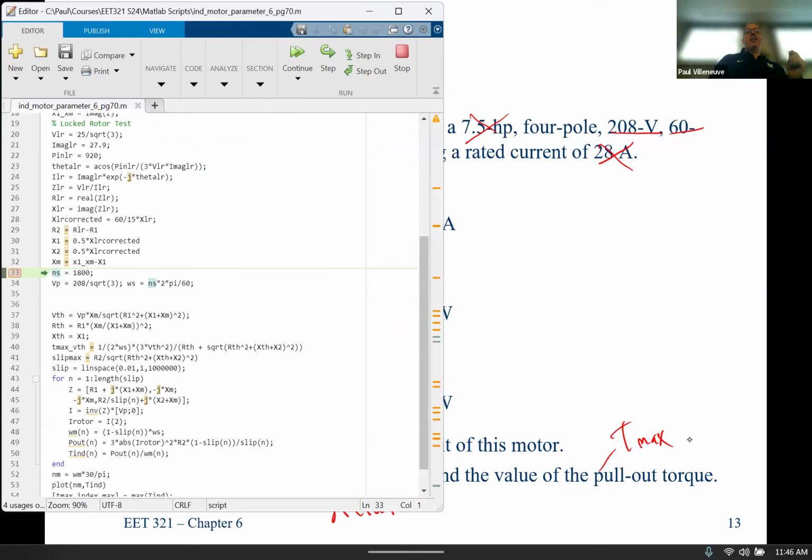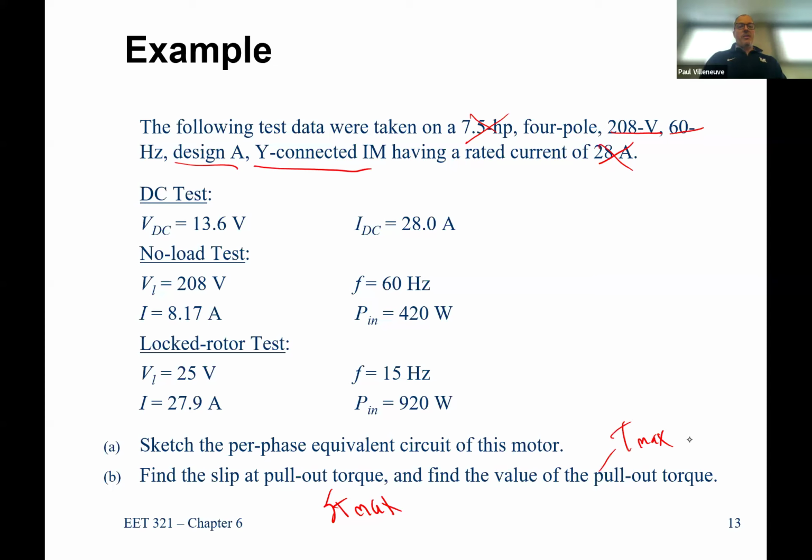Now, for part B, I do need to know it's a 4-pole machine, right? So now I need the fact that it's a 4-pole machine to calculate slip and all that stuff. I mean, I would need it actually for omega sub S, only for the torque, not for the slip. But your slip, we have an s_Tmax equation that we developed last class. That's when we have max power transfer.